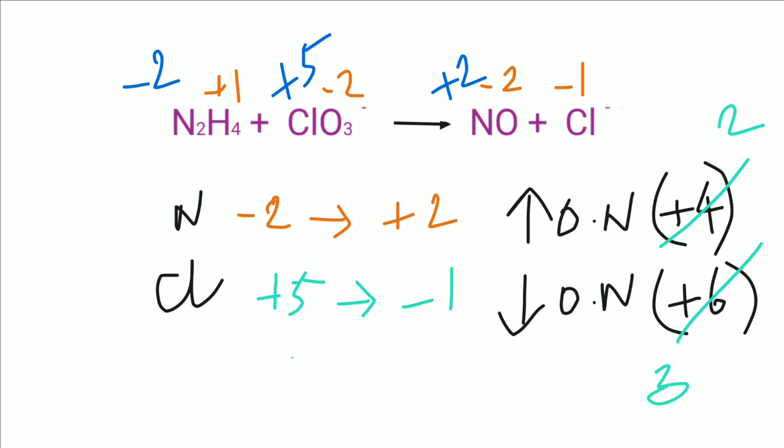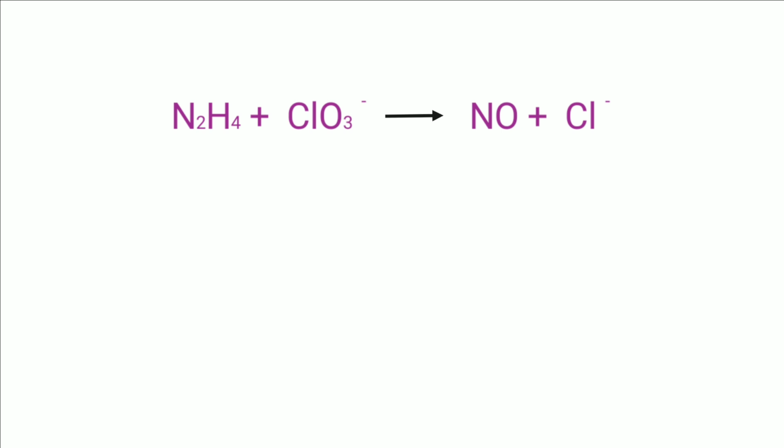So using this 3, we multiply nitrogen on the right hand side of the equation. Using this 2, we multiply chlorine on the right hand side, so chlorine is multiplied by 2.